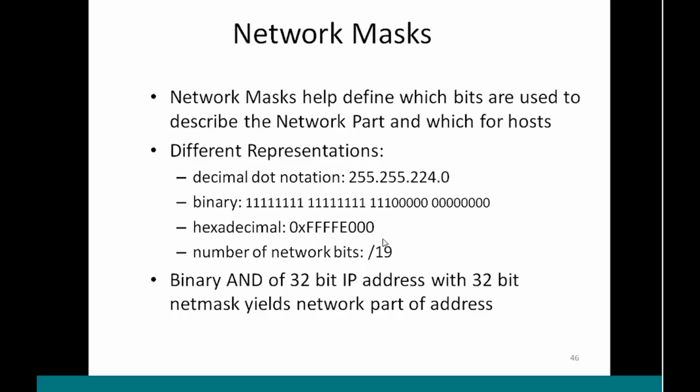Here a simple binary AND will provide the first 19 bits, which is the network, and then the remaining ones will be the host. So you can use a simple AND function to separate out the network identification and the host identification.